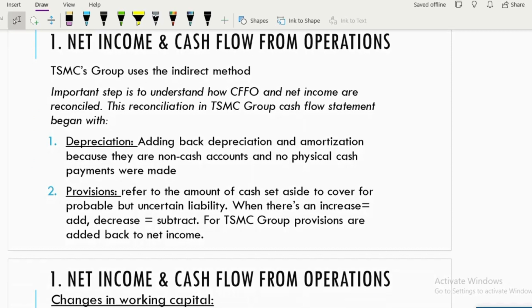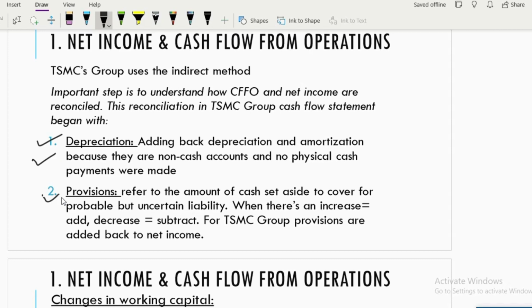The important thing in understanding TSMC is to understand what the basic non-cash items are which have affected the company's cash flows. So the depreciation, we know that when we add back the depreciation or amortization, it shows a huge increase in the cash net income. And also the provisions.